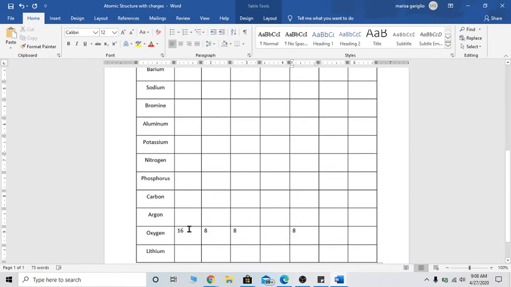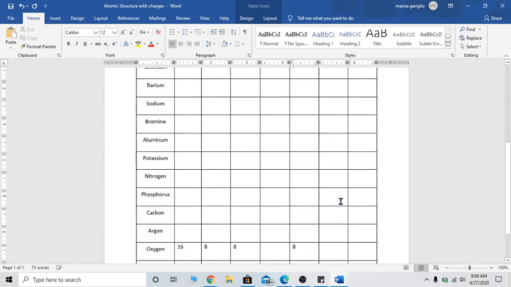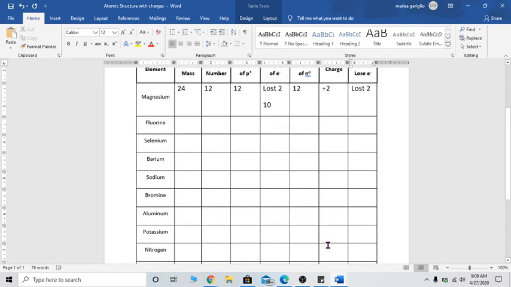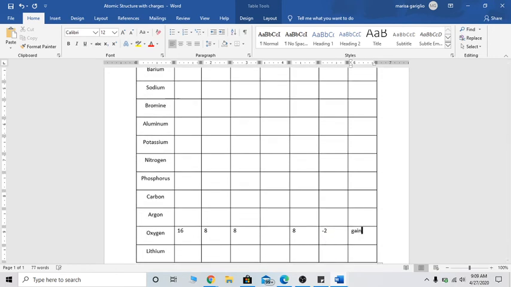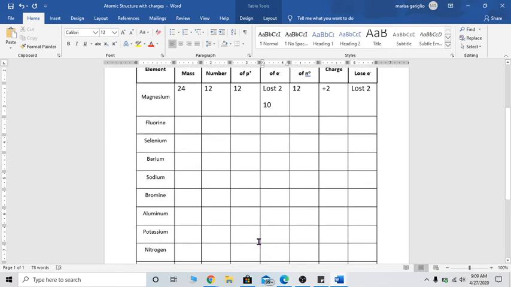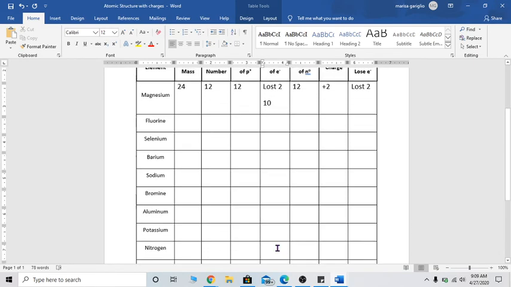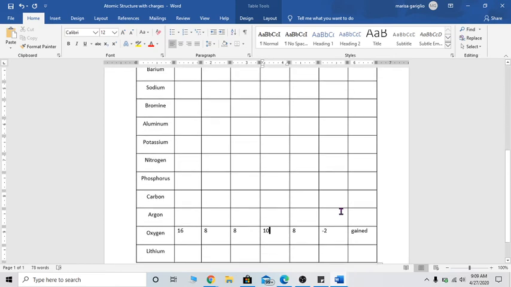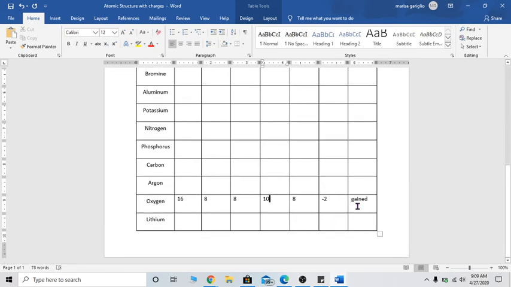This pattern of subtracting these and having the same number here only works for like the first 10 to 12 elements or so. The charge, we said, was a negative 2. So that means if we became more negative, we actually gained 2 electrons. So that means we now have 10 electrons. So you guys will recognize a pattern. If it's positive, you lost them. If it's negative, you gained some.